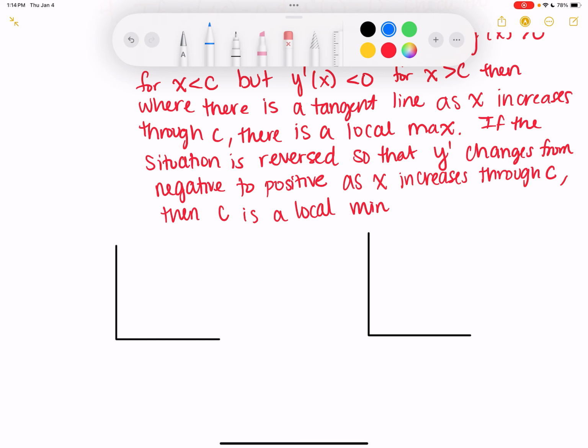So if we had a graph like, oh, that's too big. Or one like, I'll do those 2 first.